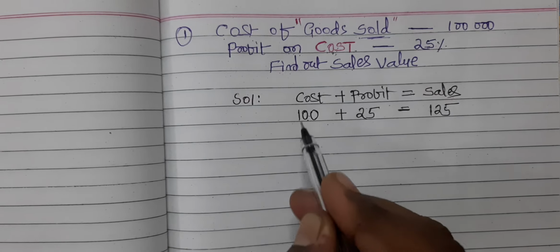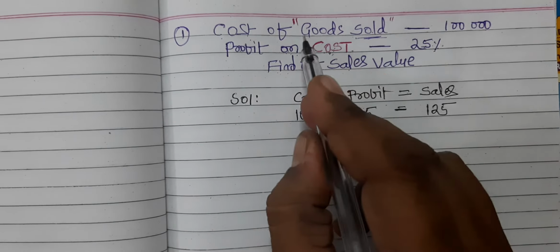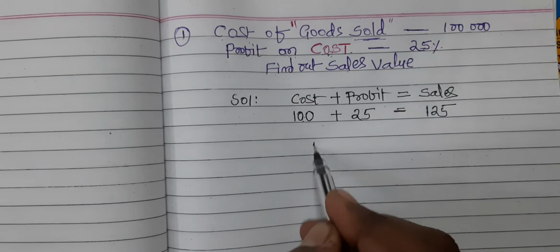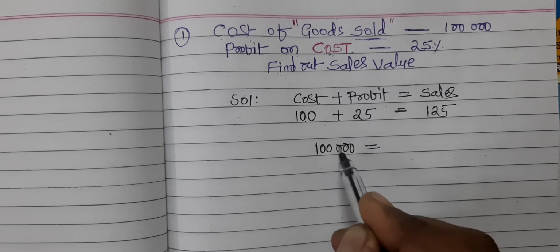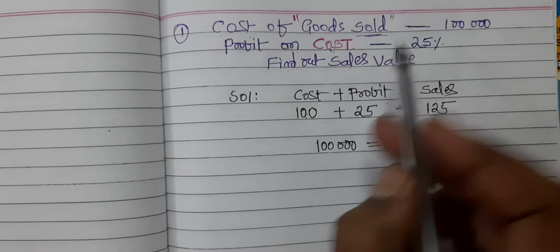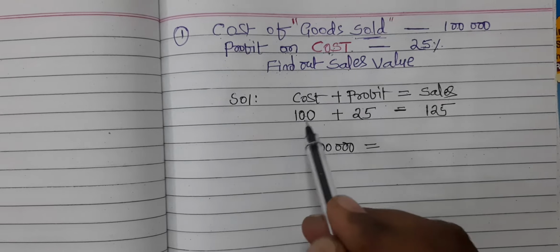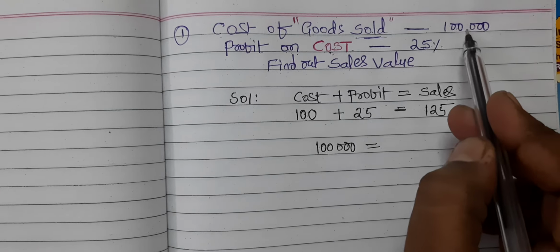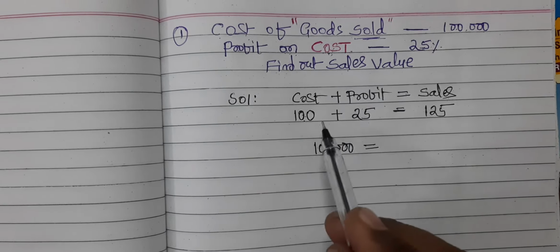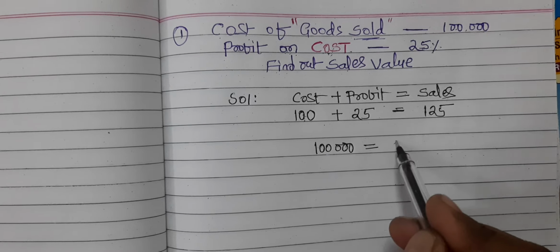Then what do we do next? In this case, cost of 1 lakh is given to you. This cost is equal to how much in the equation? 100.